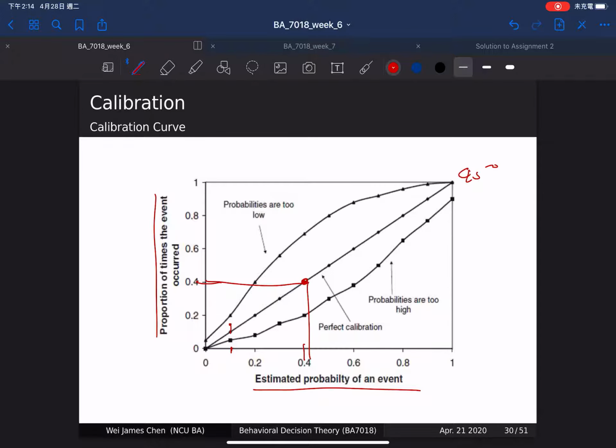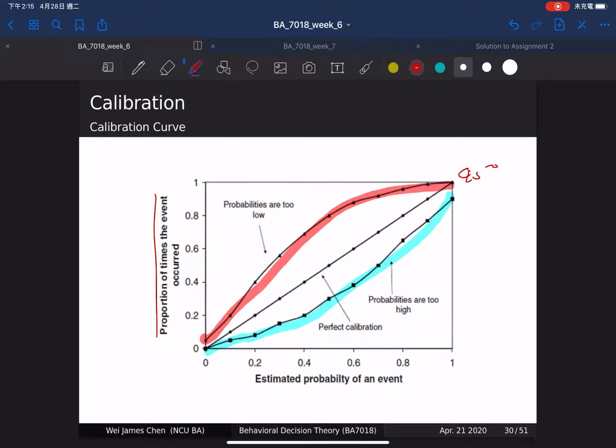Okay, so the example here gives two different possibilities. One is this curve, one is this curve. The red curve means the probabilities are too low. You estimate 20%, but what actually happened is 40%, for example.